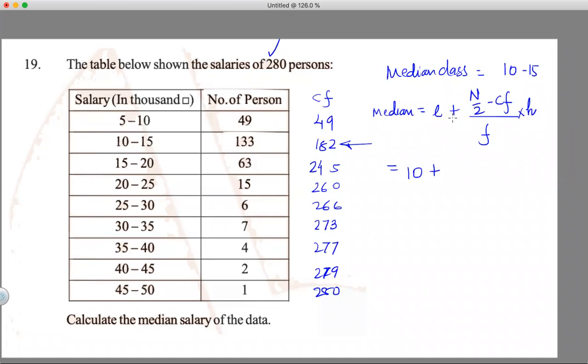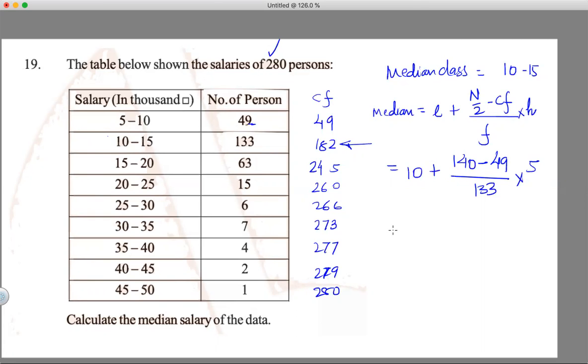N by 2, we just calculated, is 140. Cumulative frequency of the previous one, which is 49. ये वाला cumulative frequency आएगा और frequency इसका आएगा 133. और class interval क्या है? 5.